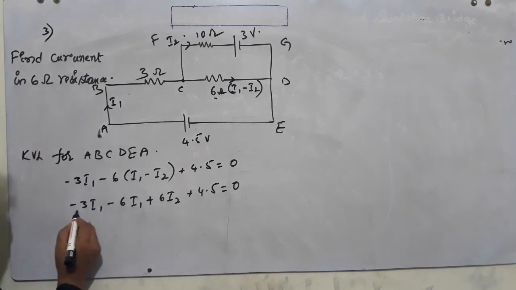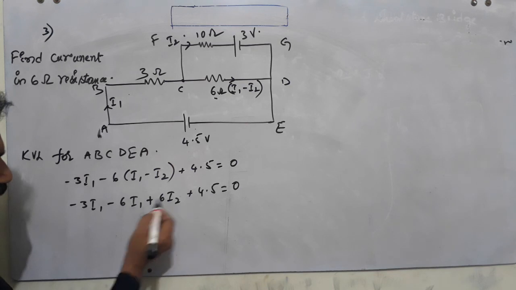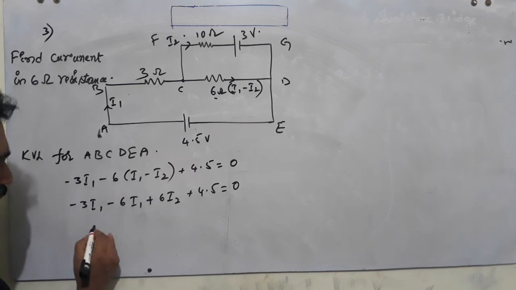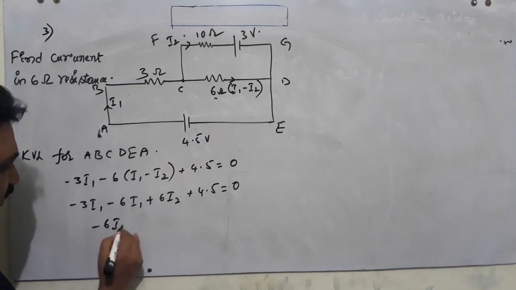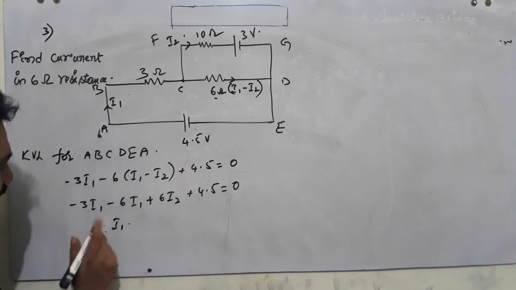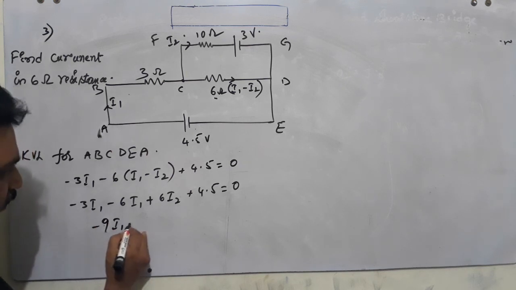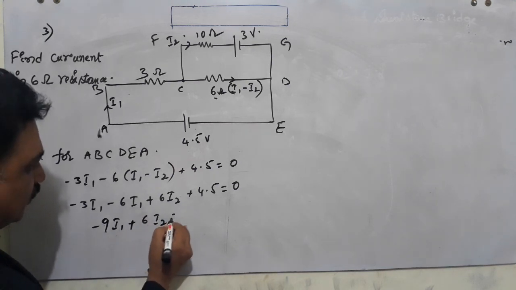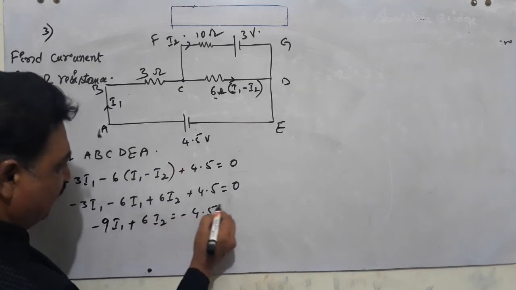See here, minus 9I1 plus 6I2 is equal to minus 4.5.